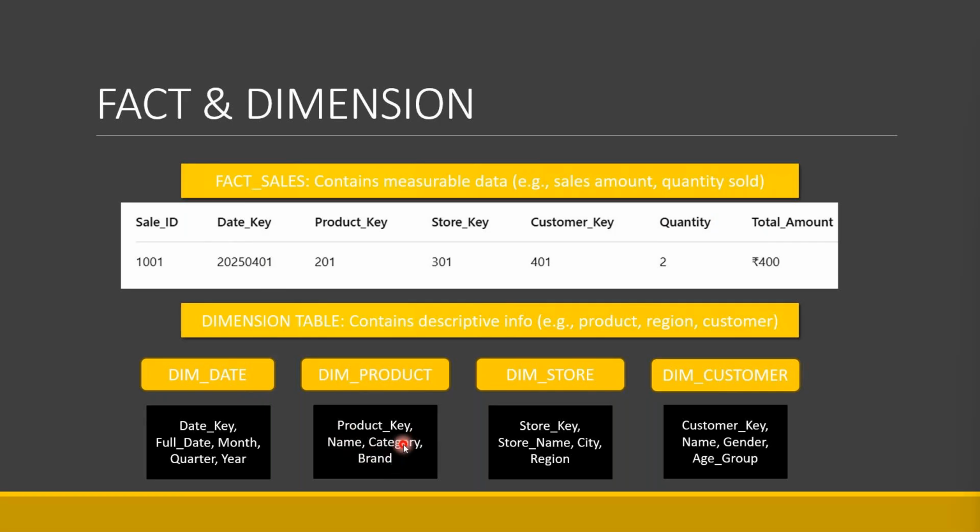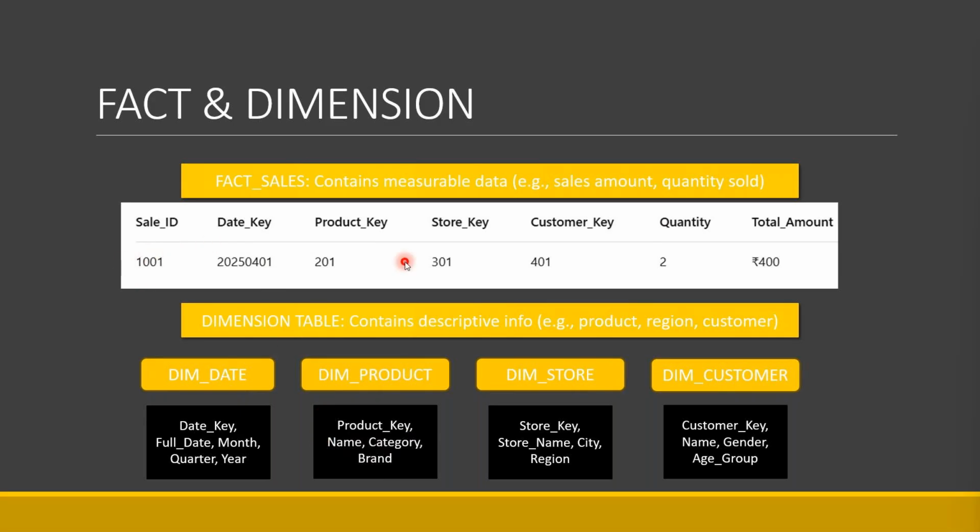So what we are trying to achieve is to keep descriptive information split into different dimension tables, and then make a relationship from the dimension table to the fact table. To establish a connection from dimension product to fact sales, we have to store this product key in the fact sales table. Only then can the sales information show which product this particular sale ID belongs to.